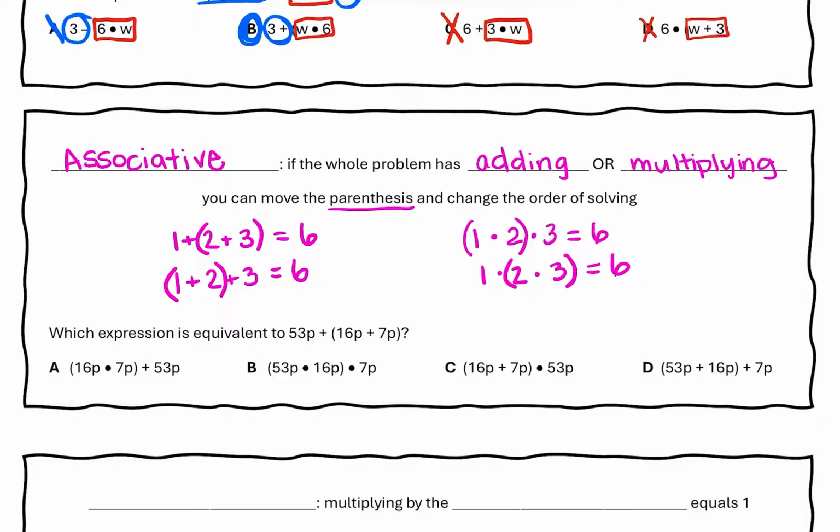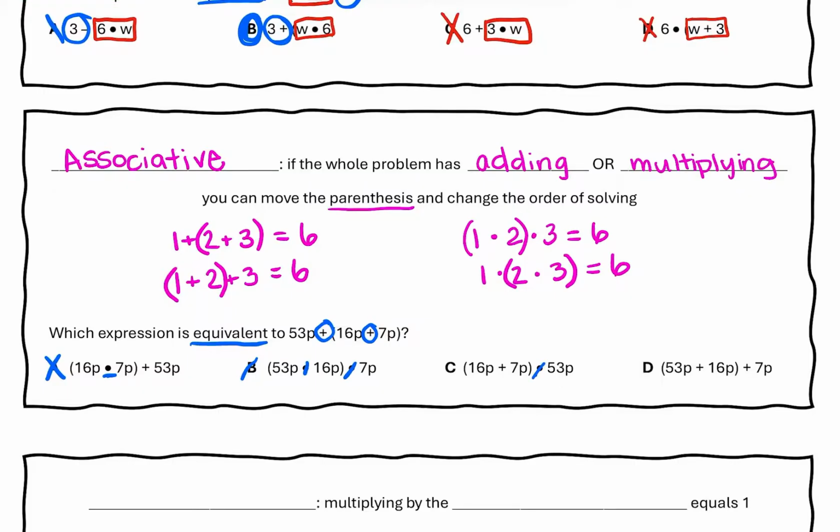Let's see how we would see it tested. Which expression is equivalent to this right here? Notice we have adding and adding. So we can move the parentheses wherever we want, but we can't change adding to something else. In A, it now has a random multiplication. That is not equivalent. B has 2 multiplications.